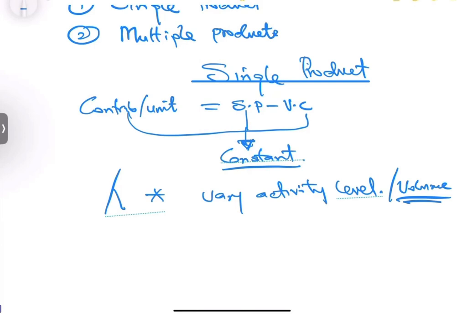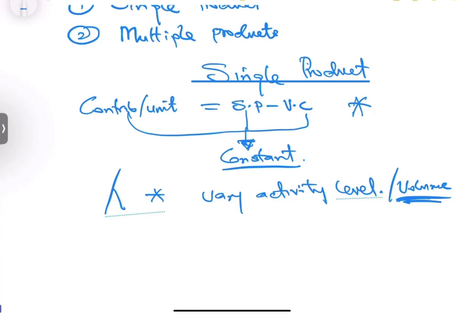That's what we always want to do. So if all of these are constant, then we need to play with volume, because volume is never constant. We can do 2,000 units, you can sell 5,000 units, you can vary that. So once you vary that, then you know that you can achieve your target profit.